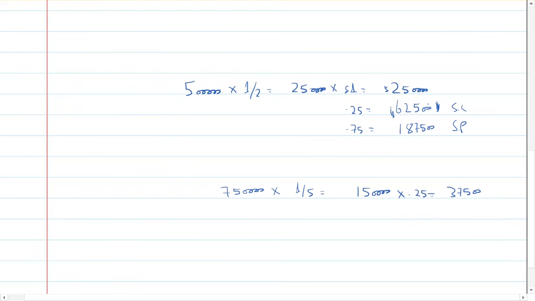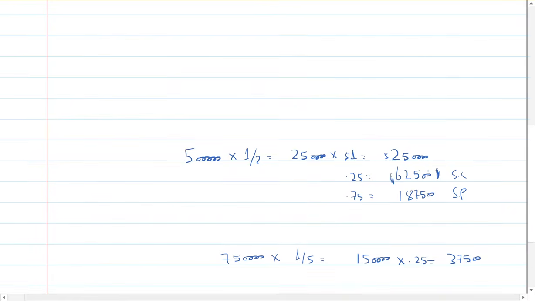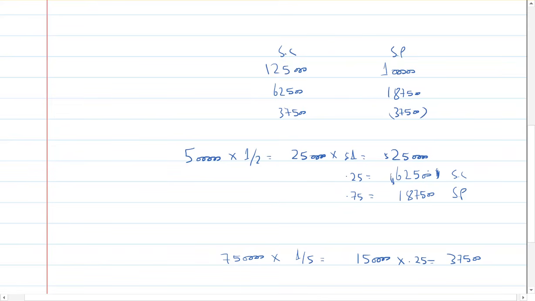So if we draw up our accounts, opening 125,000 and 100,000. First transaction, increase. Second transaction, increase, but decrease here. So let's calculate it.